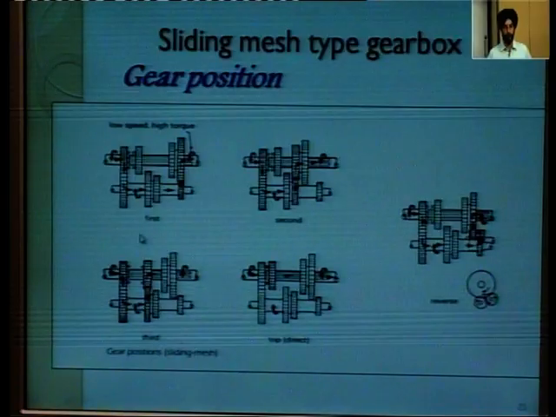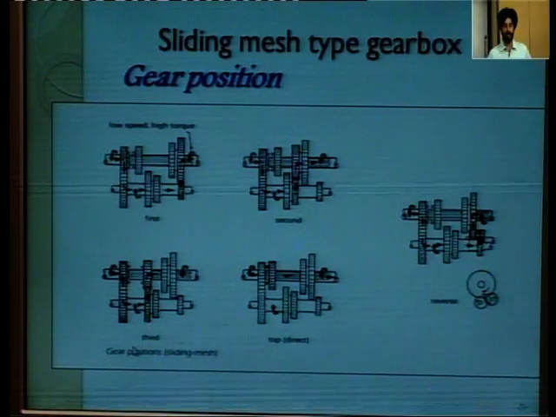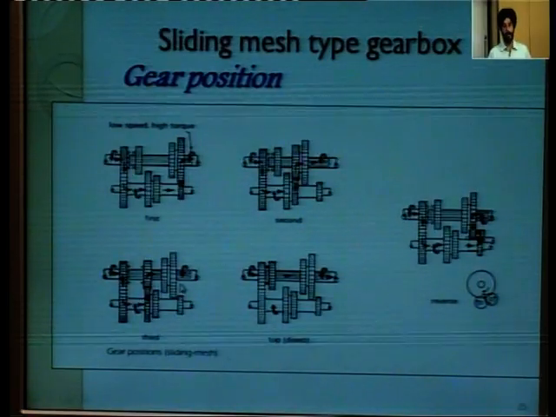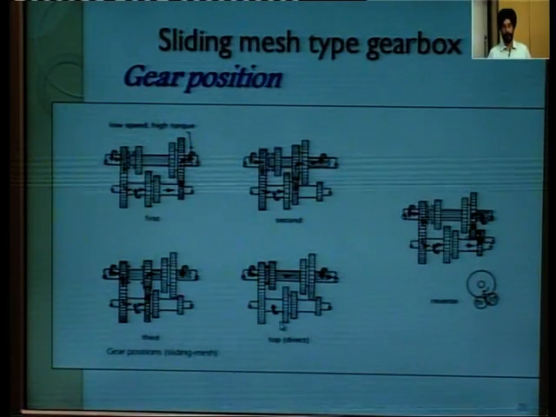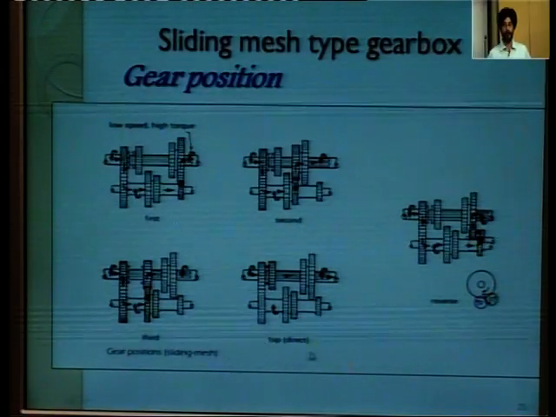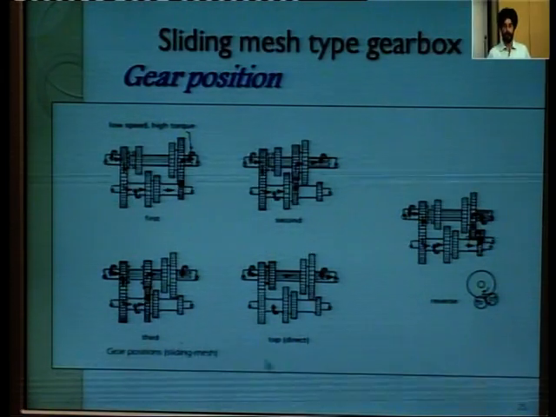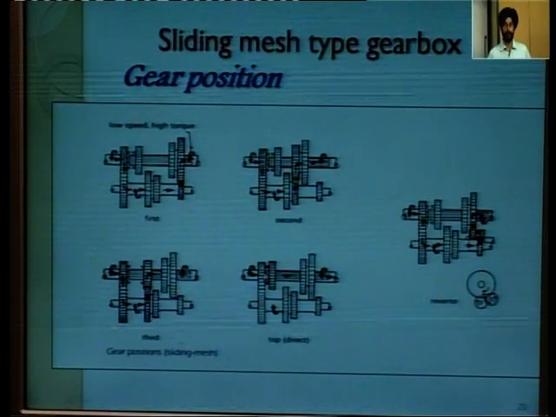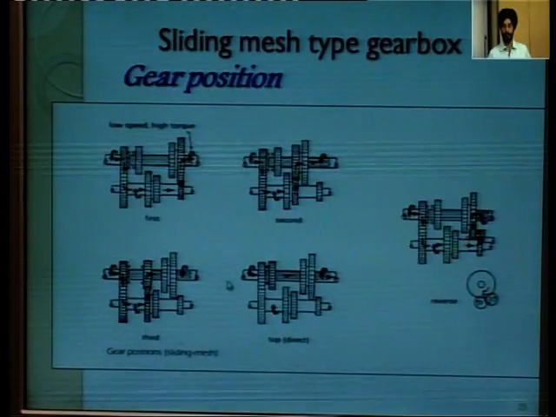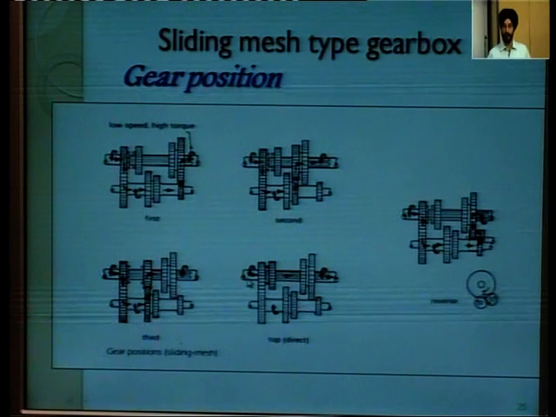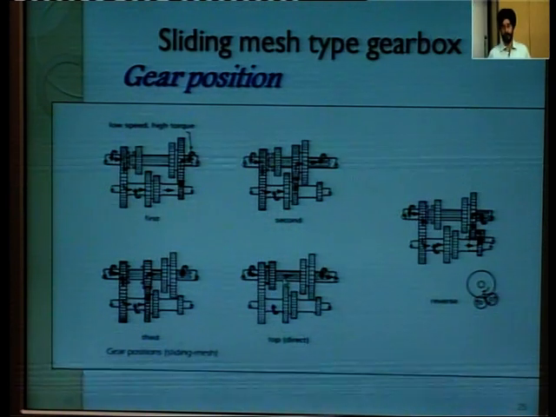So, as we move from first gear to second to third, we are increasing the RPM of the output shaft and reducing the torque, and this is the condition of top gear or direct gear. In this case, the output shaft is coupled to the clutch shaft directly. So, we get the same RPM as that of the engine shaft at the output shaft.